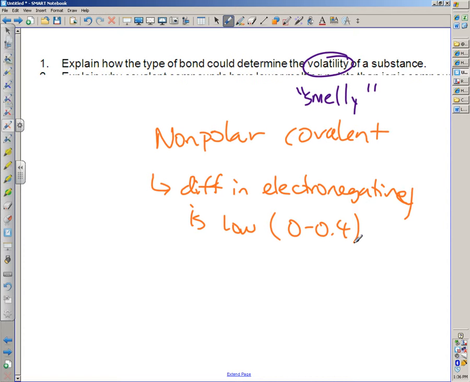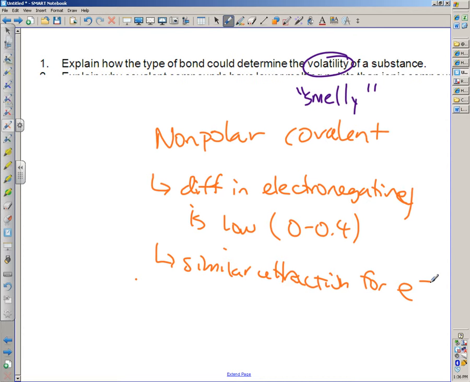What does that mean if they have very similar electronegativities? They are similar elements, not necessarily, but they have a similar attraction for what? For electrons. Okay? So if we have a non-polar covalent, what does that mean within our molecule?